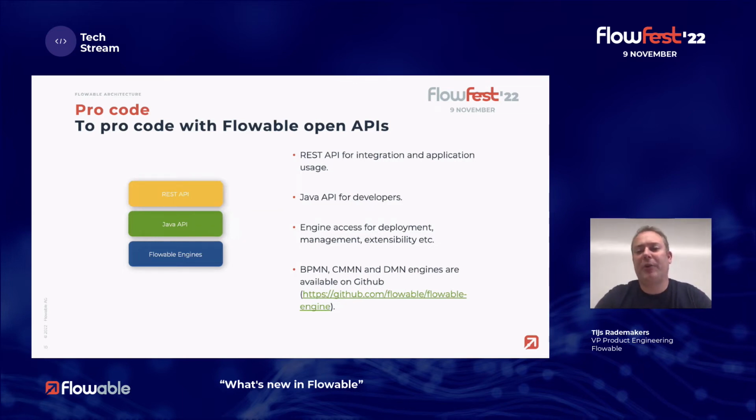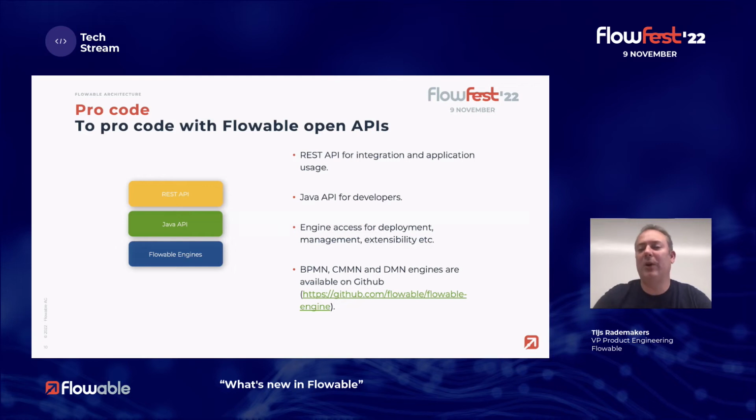And if we go a step further on a Java level, it's really almost endless what can be done with Flowable. We really don't want to limit anybody when working with Flowable. You can always call some Java API. You can override certain logic if that's needed. So it's really an open platform if needed.